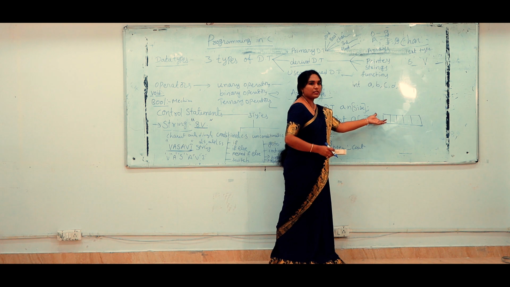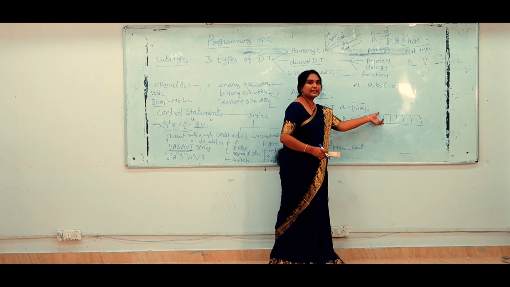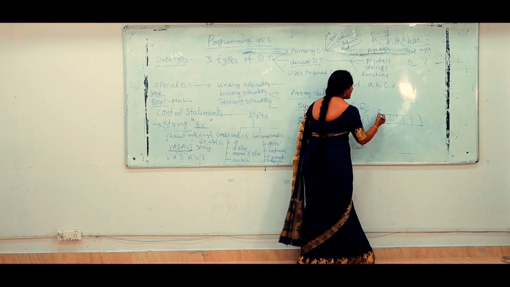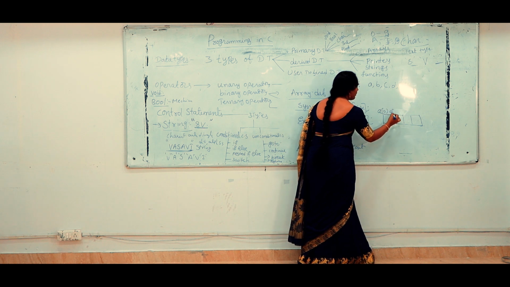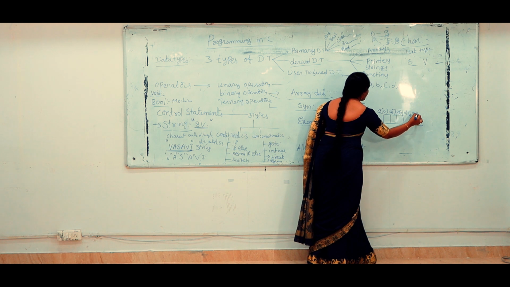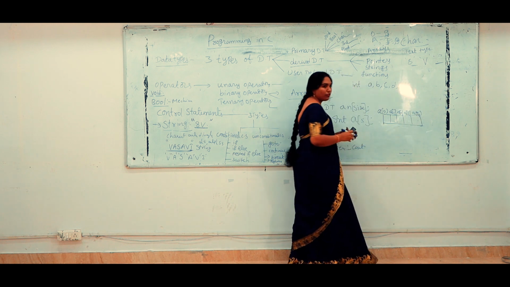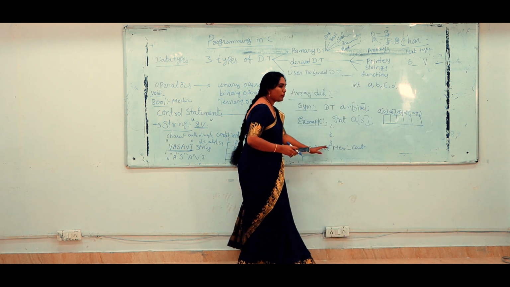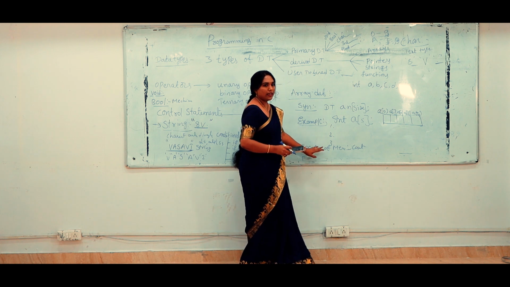Yes, it is continuous memory. And how does it share the common name? By using the index values A of 0, A of 1, A of 2, A of 3, A of 4. Now, we finished how the memory is allocated in arrays.